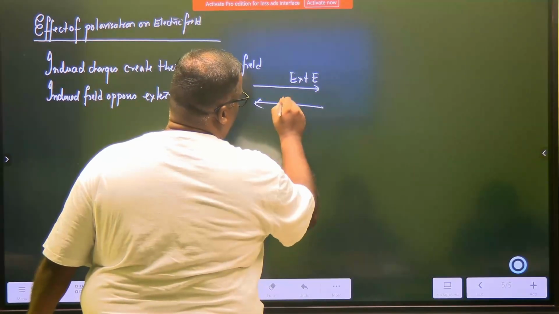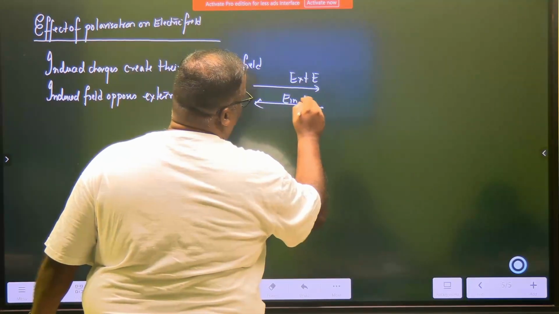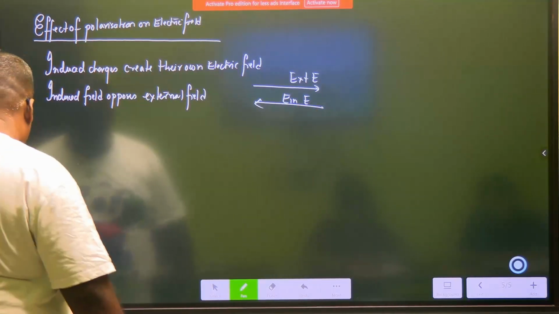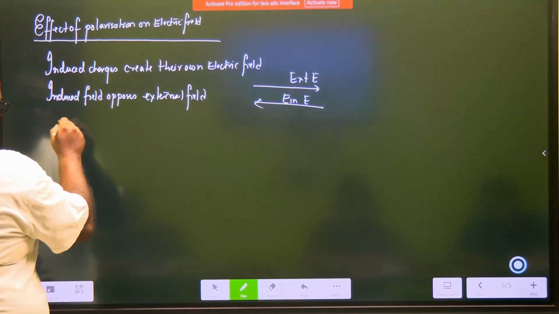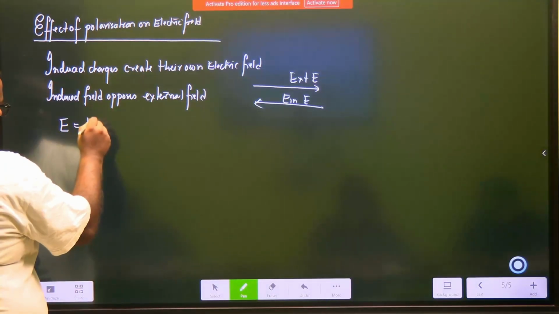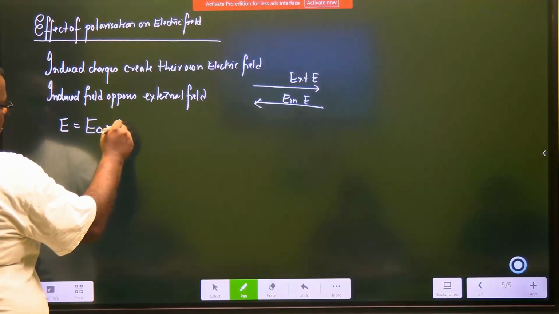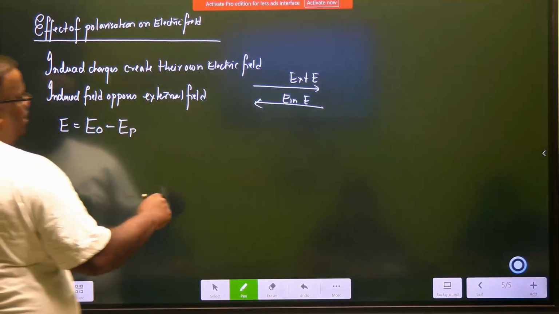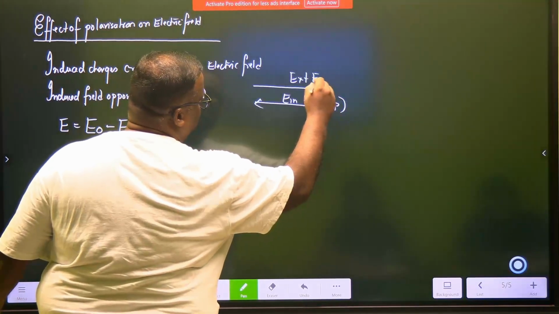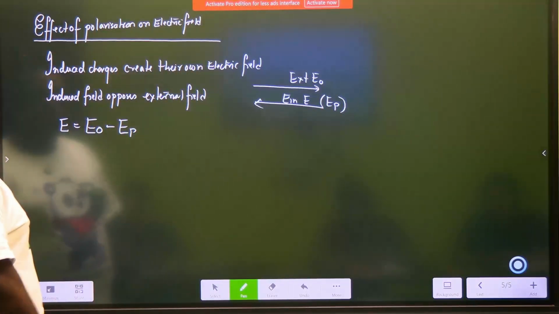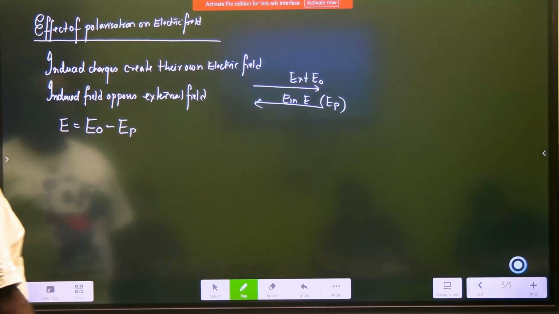This is your induced electric field. So my E becomes equal to E0 minus EP. Okay, EP means electric field due to polarization. This is E0, E0 minus EP.